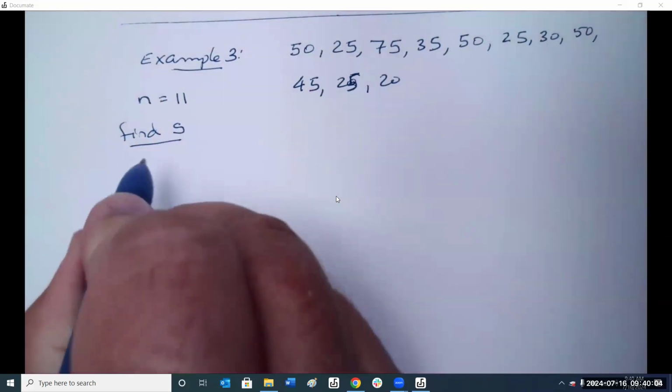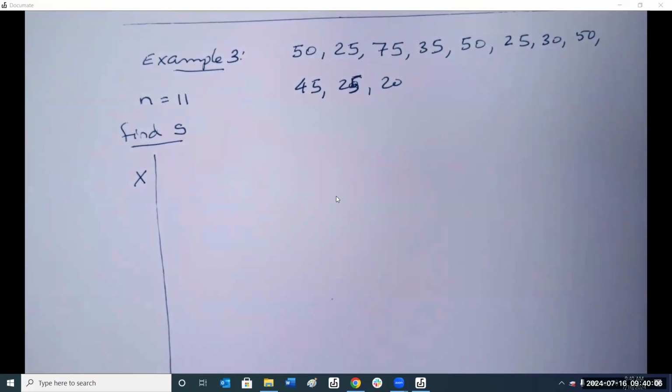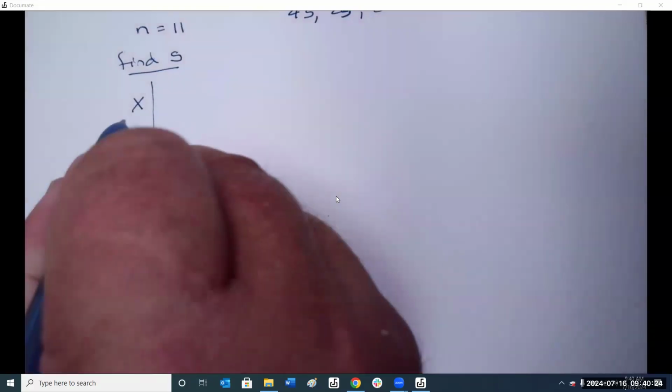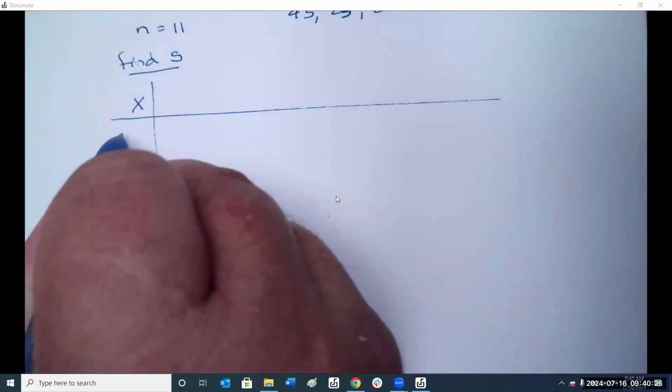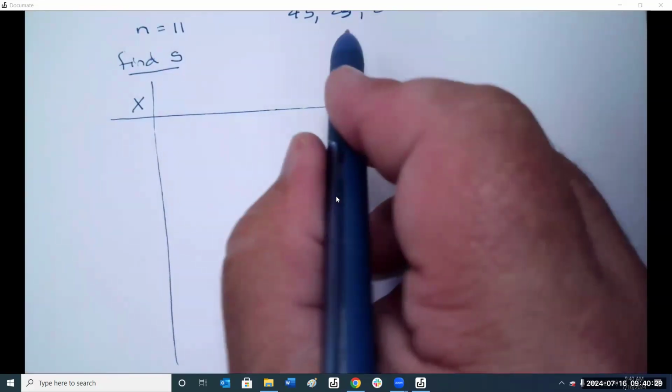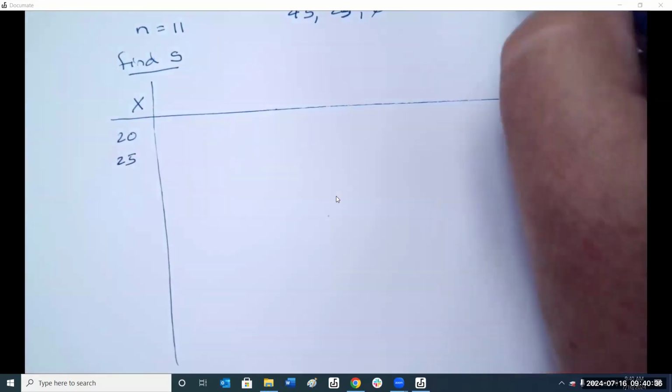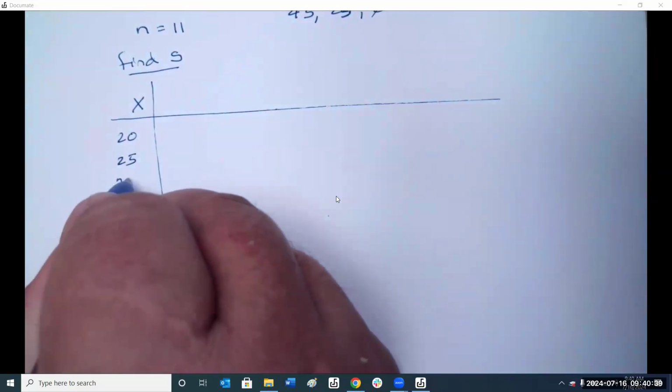So the first thing we do, since we have a relatively small data set here, we can go ahead and list each one of them separately. But if we had any more than 12 or 15, then we use intervals or a frequency table. So even here, we could put this in order. We have 20, 25. There's another 25.